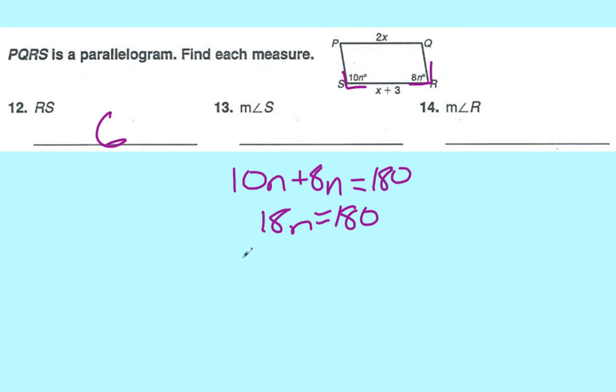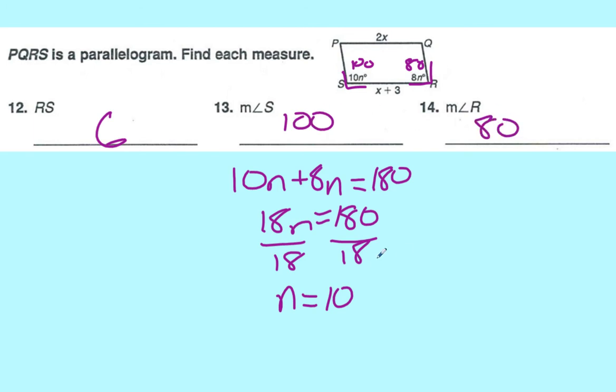Get n by itself. These numbers work out almost too nicely. You guys are asking for calculators. Oh my goodness. 180 divided by 18. N is just 10. So 10 times 10, this is 100. 8 times n, this is 80. And you got 2 more answers.